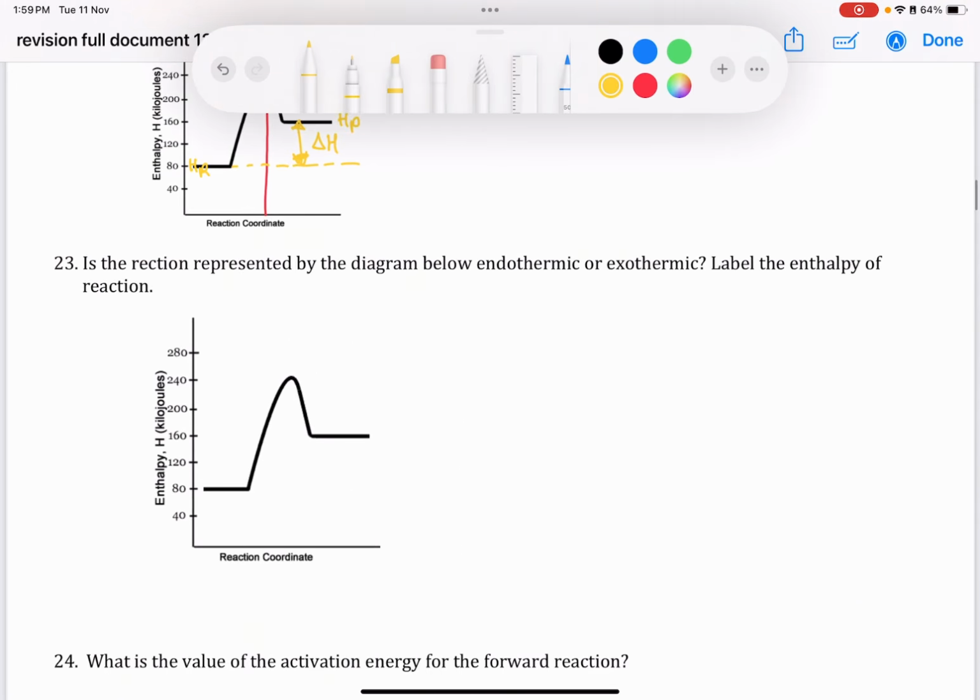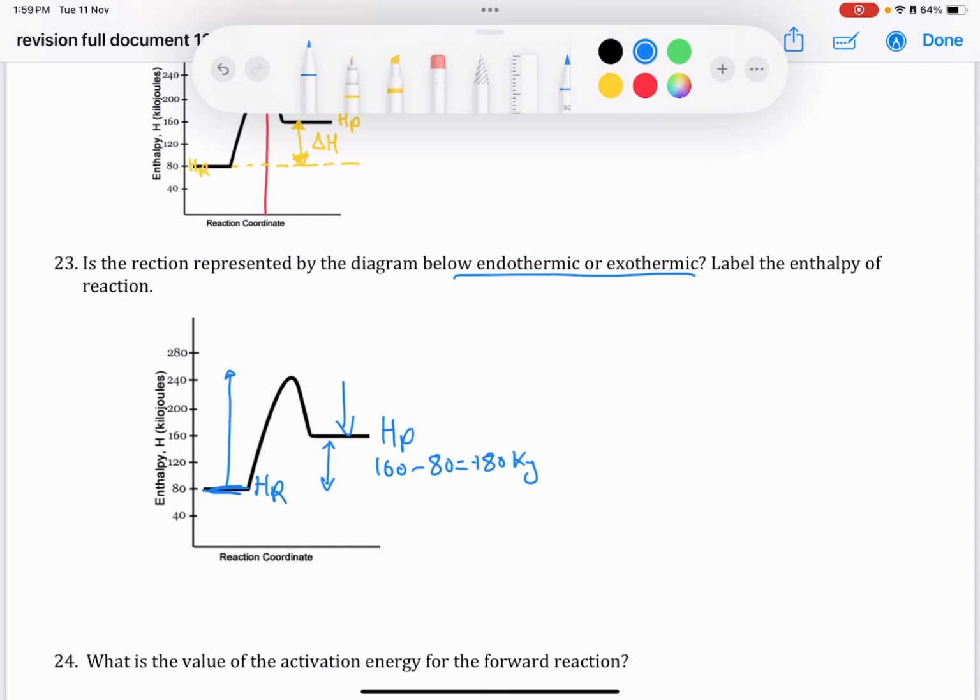Another question, they want me to mention whether this is endothermic or exothermic. Now, we absorbed more than what was released, or the enthalpy of product is higher than the enthalpy of reactants. Or even if I want to calculate delta H, it's 160 minus 80, it's a positive value.